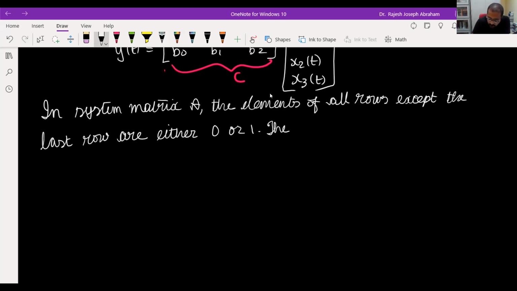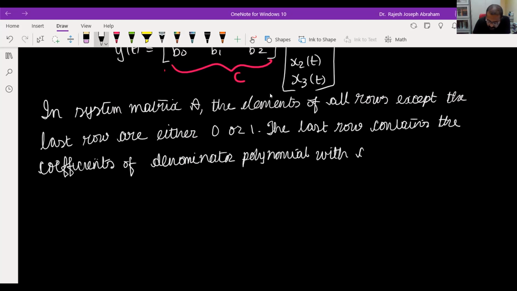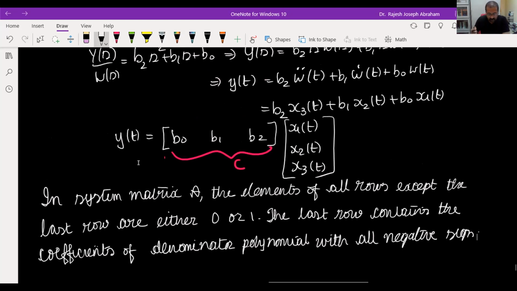The last row contains the coefficients of the denominator polynomial with all negative signs. Okay, with all negative signs. The coefficients of the denominator polynomial of the transfer function, that's evident.